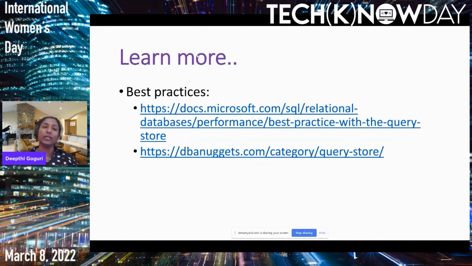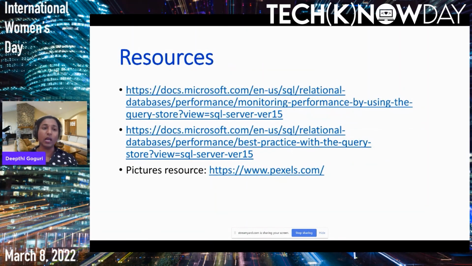To know all of that, just go ahead and read these Microsoft Docs. And I have also created a couple of blog posts on my website, dbanuggets.com. Check it out as well. I have followed Microsoft Docs to create this presentation, and if you'd like to know more about it, these are the resources you can learn from.